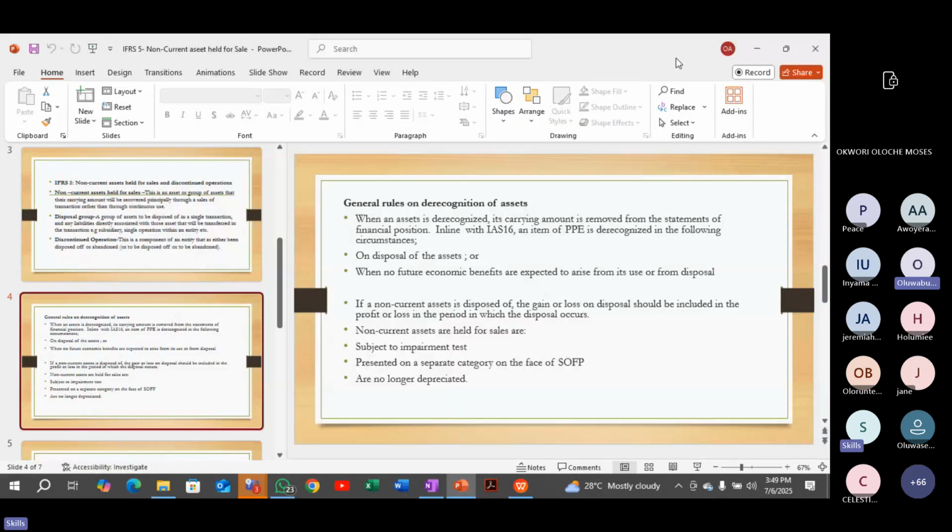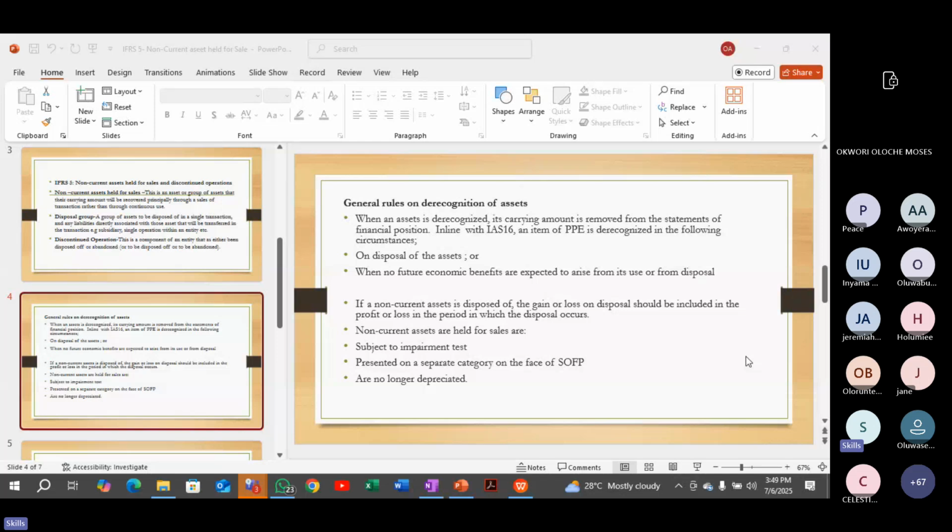So we now have the third one, the fourth one. If a non-current asset is disposed of, the gain or loss on disposal should be included in the profit or loss in the period in which the disposal occurred.